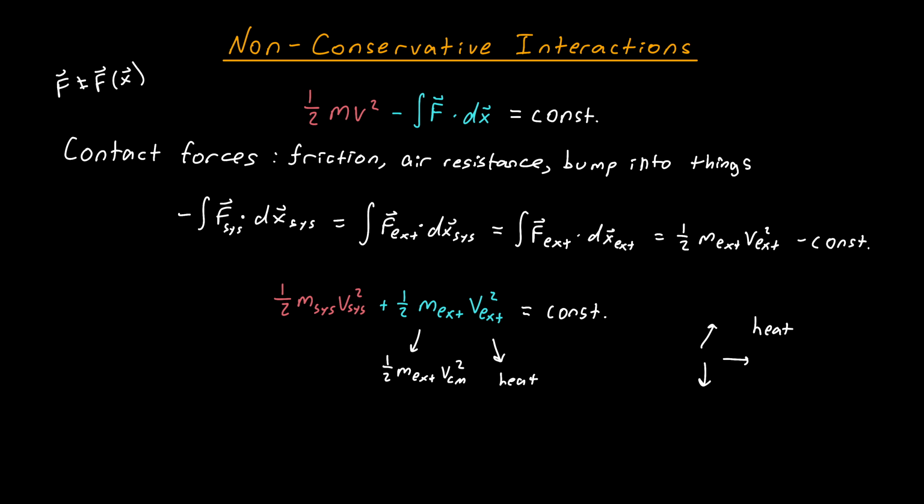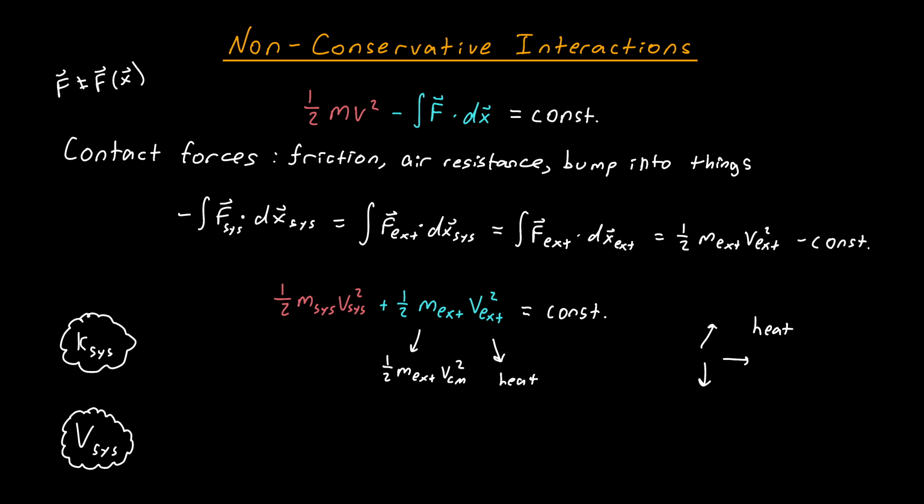So if we want to make a little diagram of all of the different places the kinetic energy of our system can go, here's what it would look like, right? First we have the kinetic energy of our system. Then we have, well, it can definitely go to the potential energy of our system if there are any conservative forces that are interacting with the system. So if we integrate that conservative force, we get some potential energy.